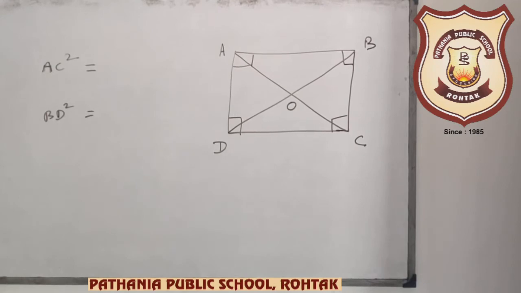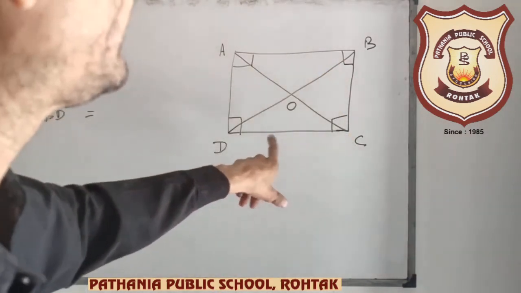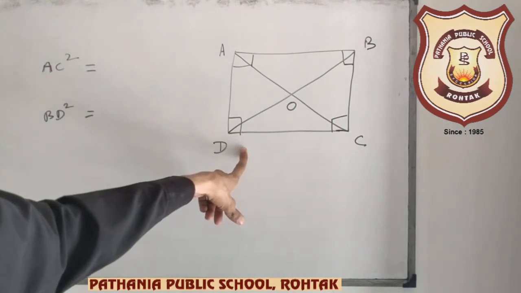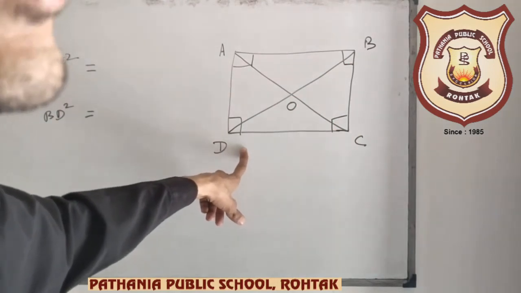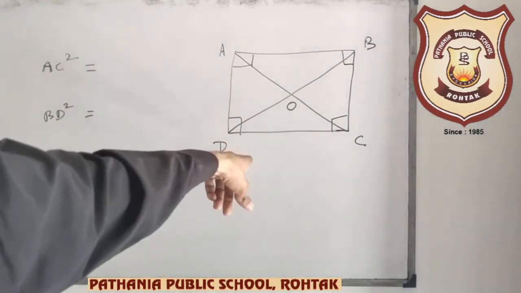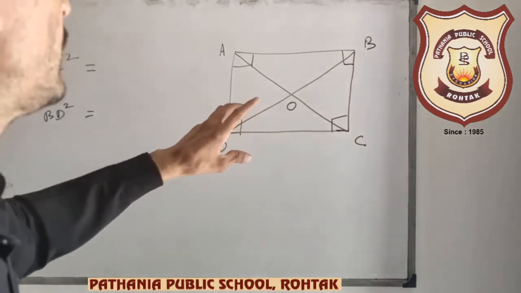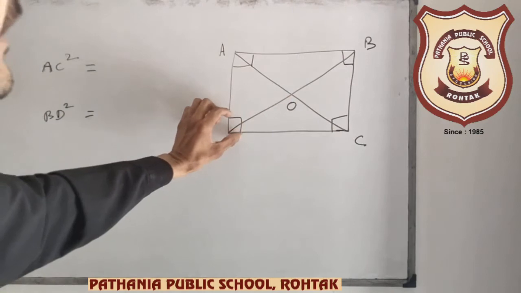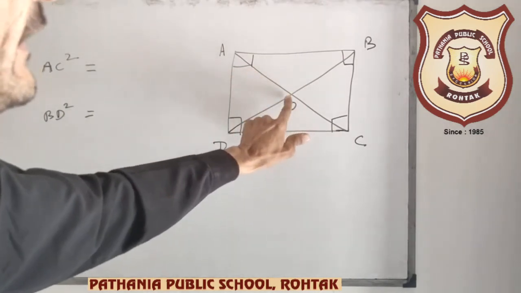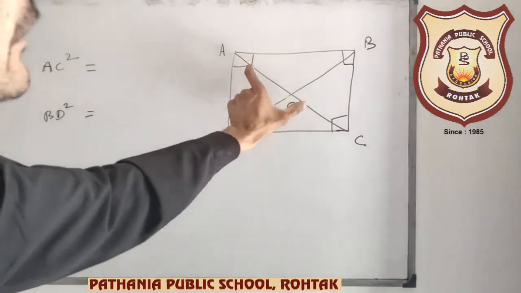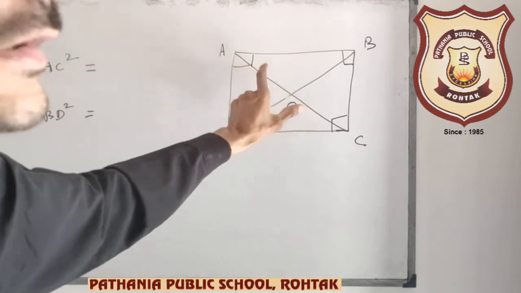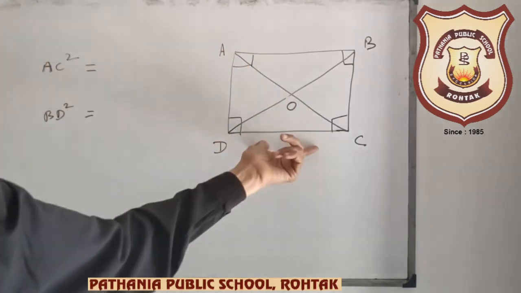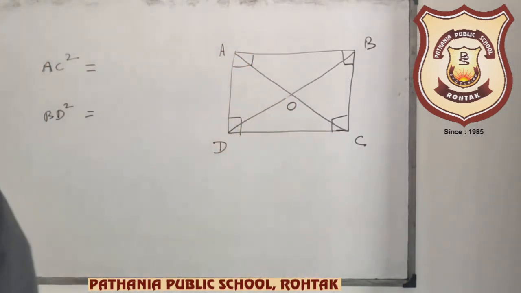So all the angles A, B, C and D are of 90 degrees, because in a rectangle all angles are 90 degrees. So apply Pythagoras theorem. The side opposite the 90 degree angle is the hypotenuse. So AC is the hypotenuse, this is the perpendicular, this is the base. Clear?